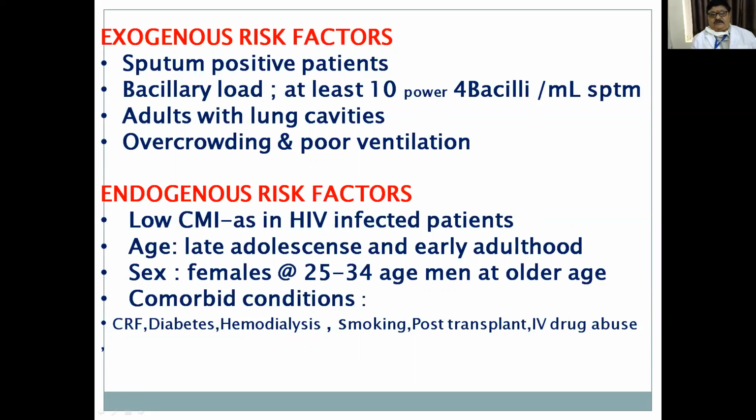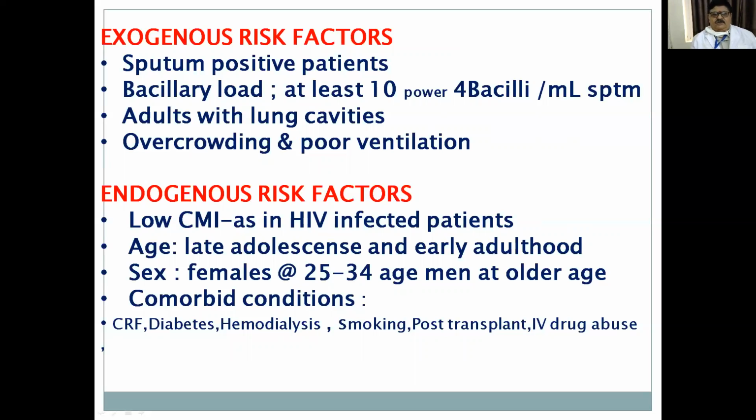That is the bacillus load in a sputum positive patient. Also adults with cavities in lungs, like radiological evidence. Overcrowding and poor ventilation is really difficult to tackle, as most people below the poverty line have overcrowded and poorly ventilated rooms.